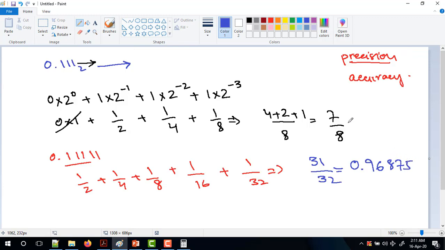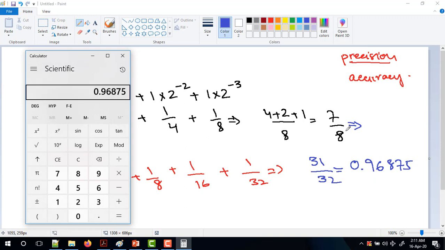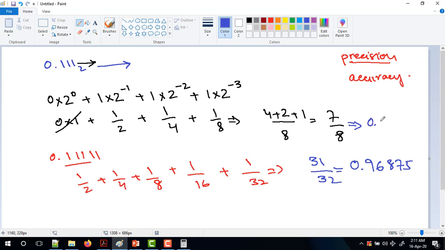And previously, when we had 7 upon 8, it was 0.875. So what we observe is that if we include a number of this format or shape, it will be very close to 1, but it will not be 1.